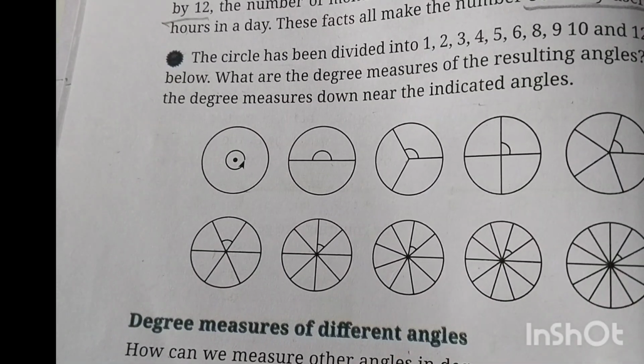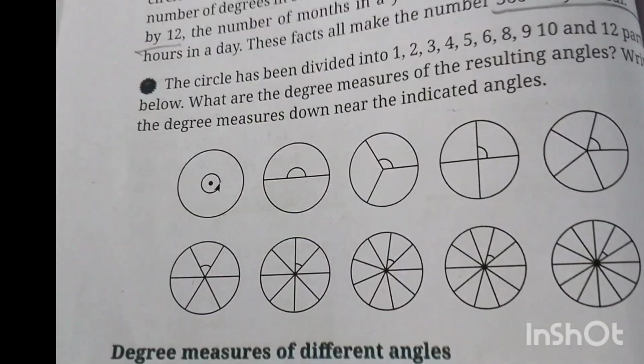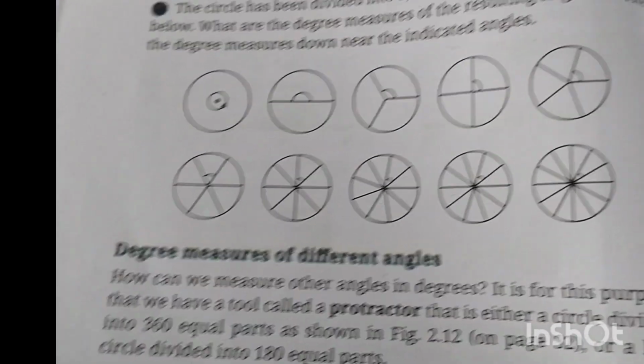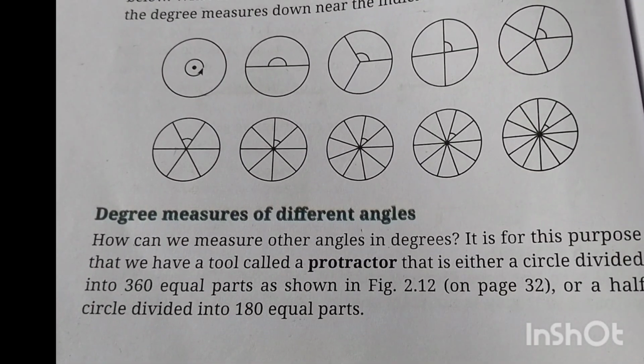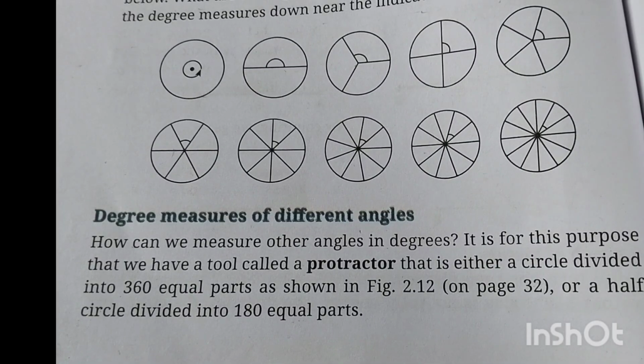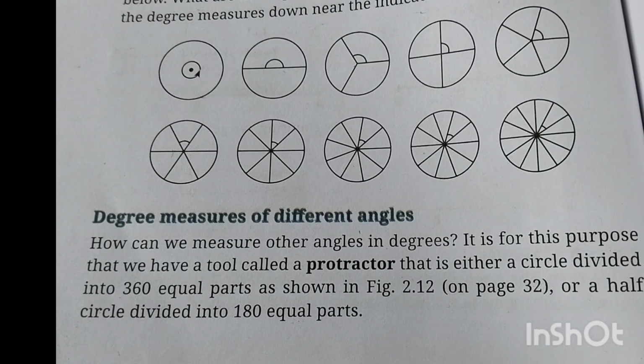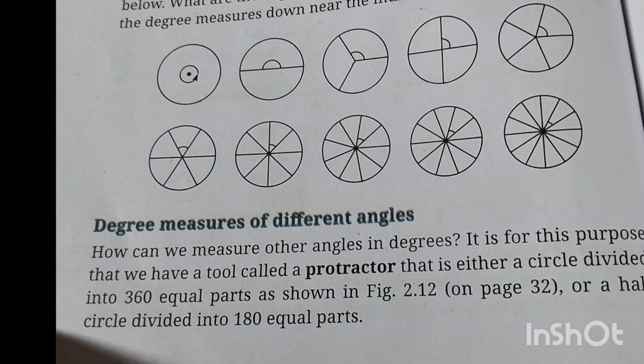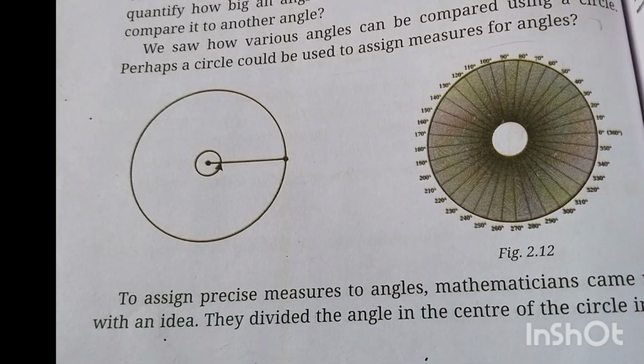How can we measure other degrees? This is very important. It is for this purpose that we have a tool called a protractor. It is either a circle divided into 360 equal parts as shown in figure 2.12 on page 32, or a half circle divided into 180 equal parts. Now where it is, I'm showing you again. Look here.